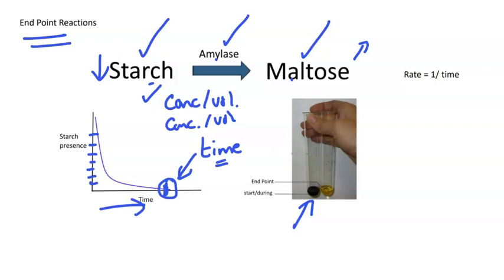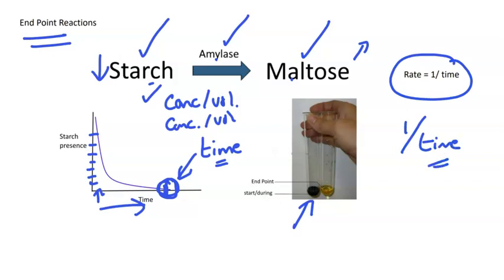And so the conditions operating by the time you get to the end are not the conditions that you set up in your experiment. This introduces a large error to the experimental method, and so when we calculate rate as 1 over time, that error is included in this methodology.